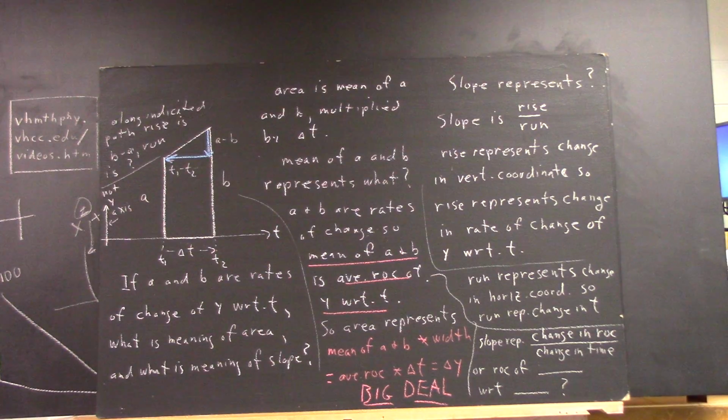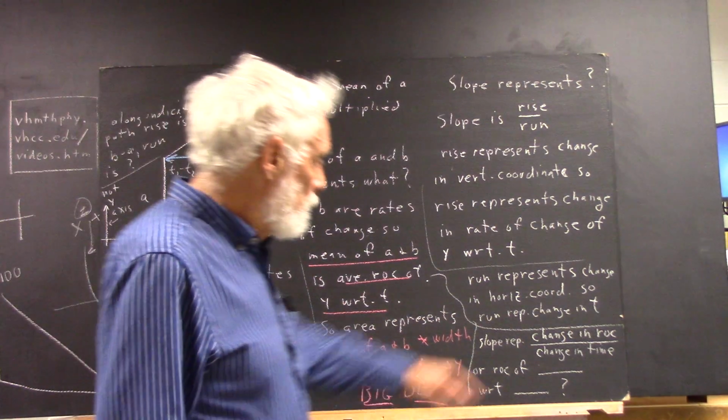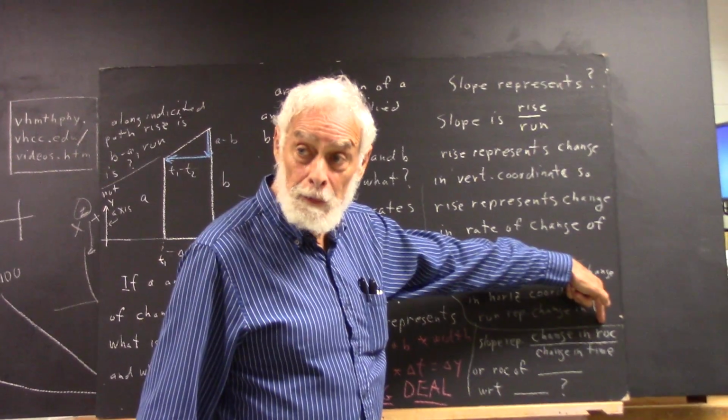What's the A quantity and what's the B quantity? The A quantity is the rate of change, but it's the rate of change of y with respect to t, right? So I didn't have room to write rate of change of y with respect to t.